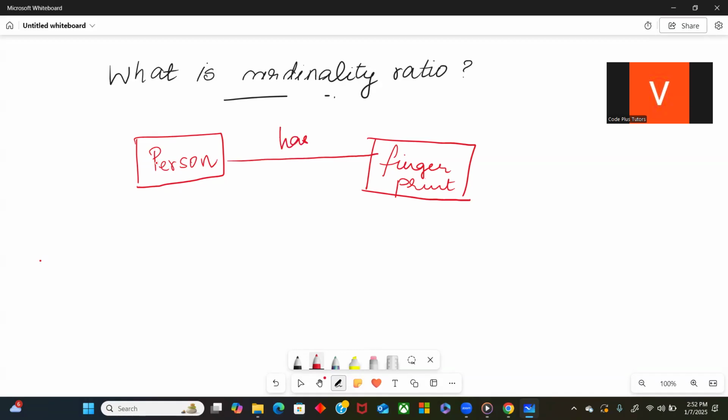One person can have, for both minimum and maximum, just one unique set of fingerprints, and one fingerprint can belong to at most one person. If you are using the min max notation, this is how you would represent it. If it is just going to be one way, you will just say one and one on both sides. This is an example of one-to-one relationship.